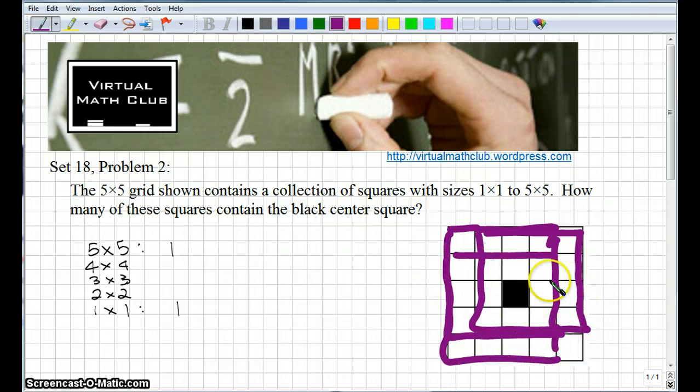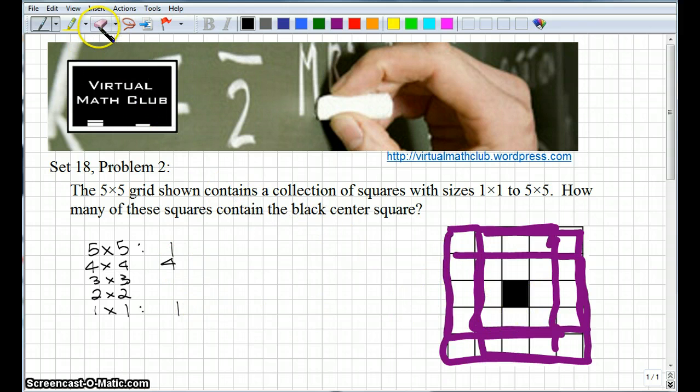And then if we shift it down and over so that we meet at this corner, there's another 4 by 4 square. So there's 4 by 4 squares, one for each corner. So I'm going to say there's 4 of those. Okay?